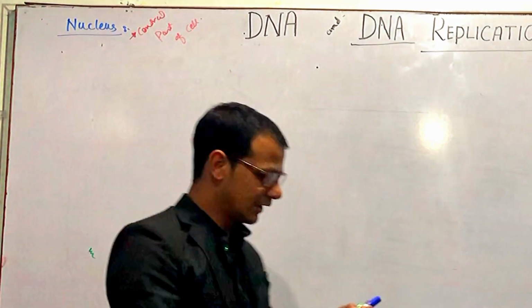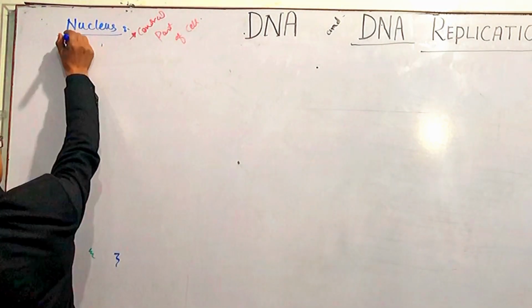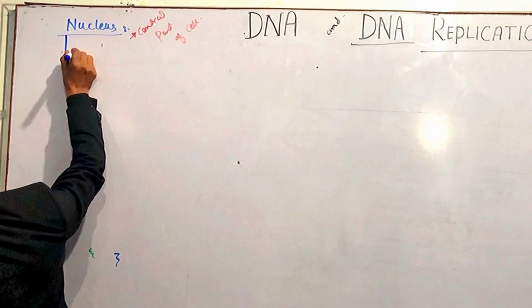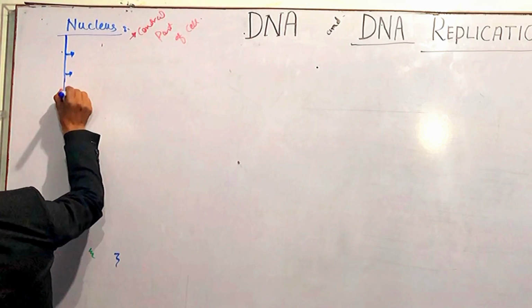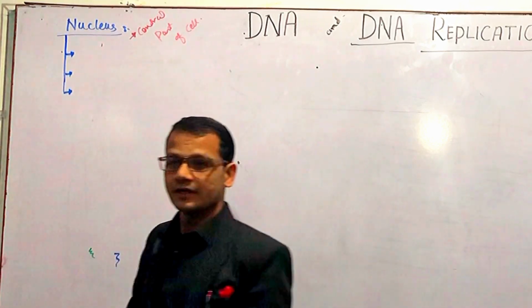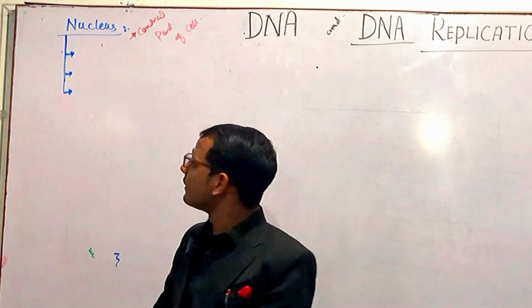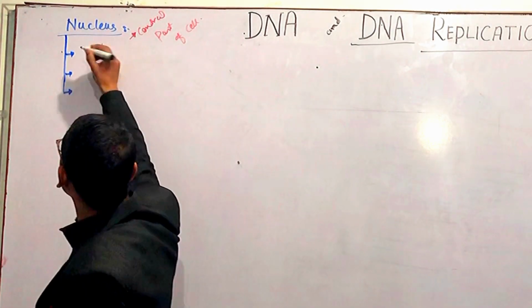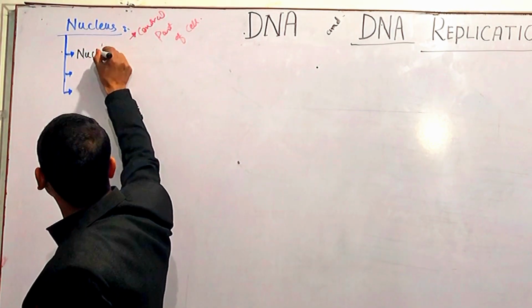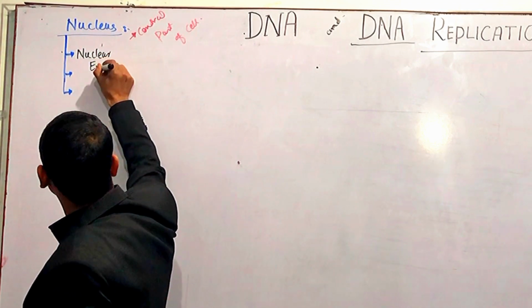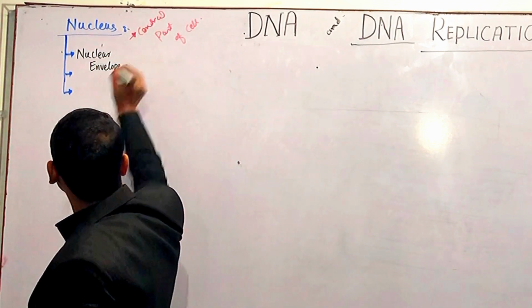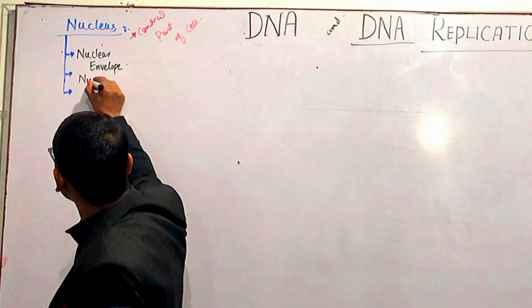So, we have discussed that the nucleus is composed of three parts. It is made up of three parts. The first one is the nuclear envelope. The second is the nucleoplasm.